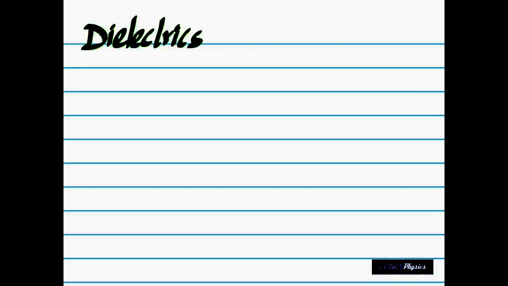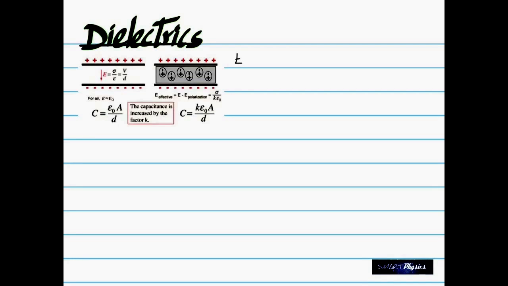The introduction of a dielectric between the plates of a capacitor. As you can see from this diagram, initially the electric field is sigma by epsilon naught, but due to the applied electric field, the atoms in the dielectric get polarized.